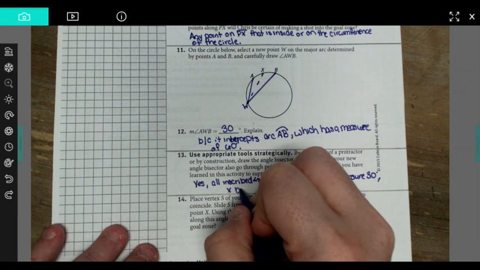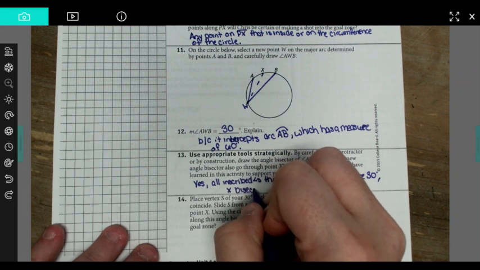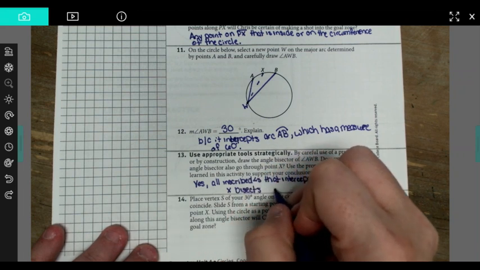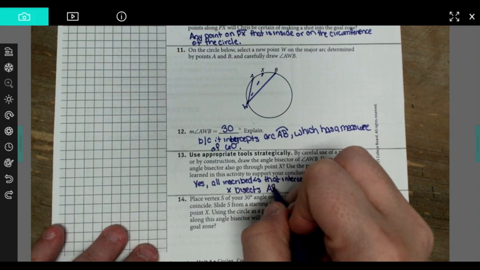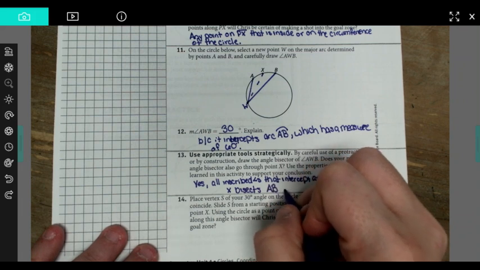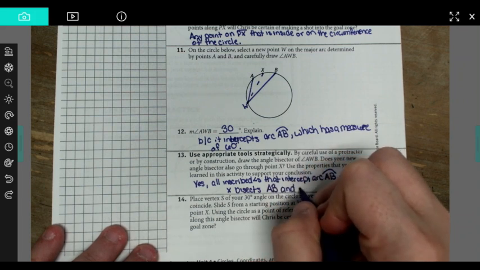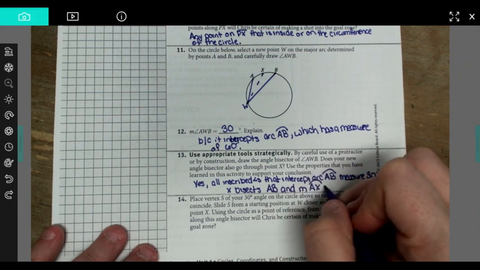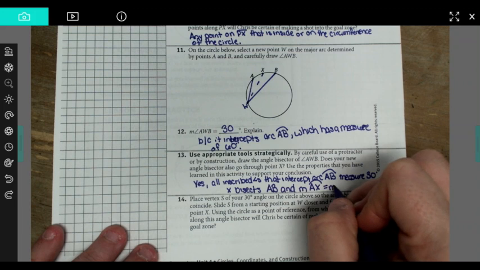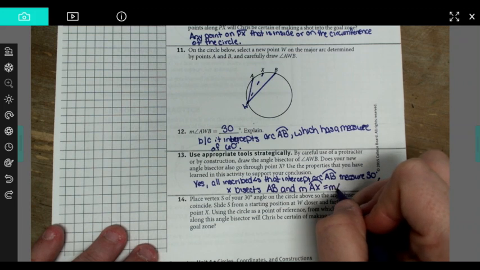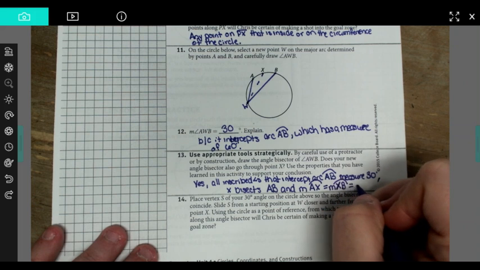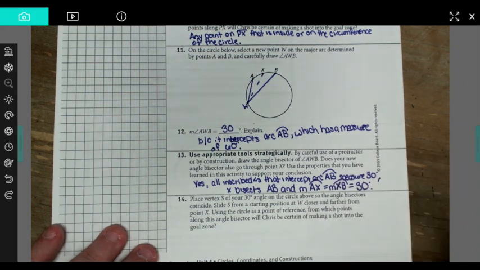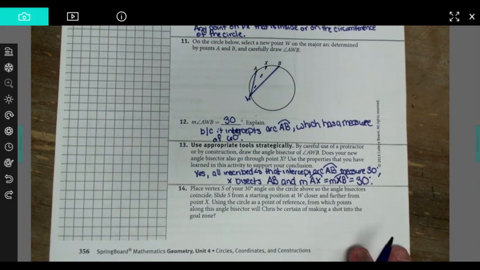X bisects arc AB, and the measure of arc AX equals the measure of arc XB, which equals 30 degrees.